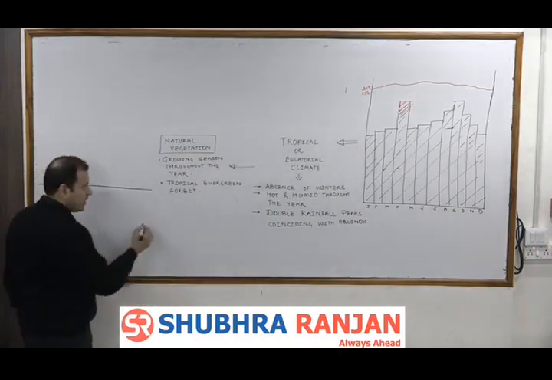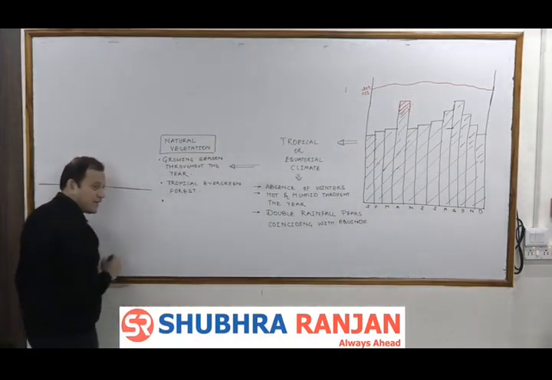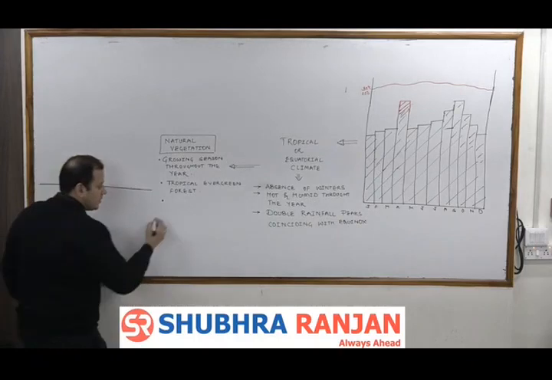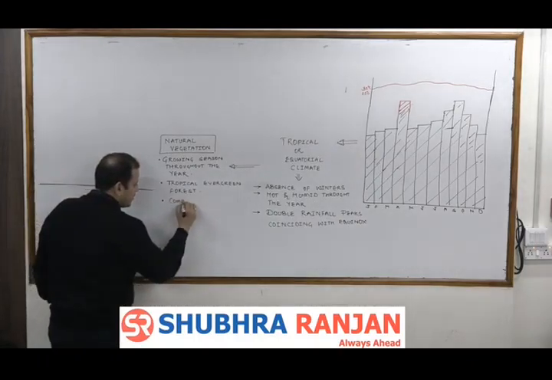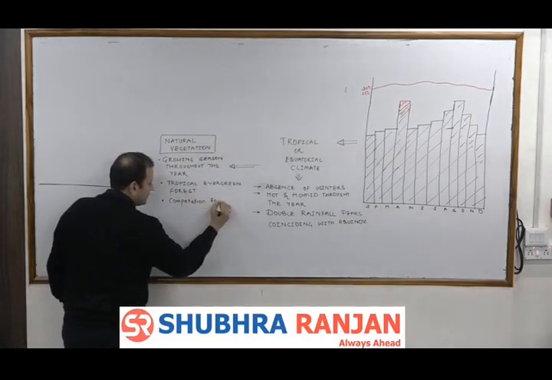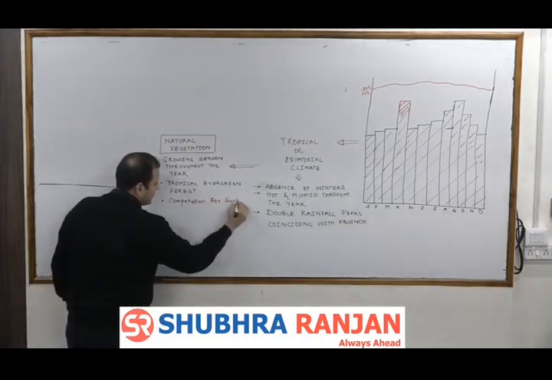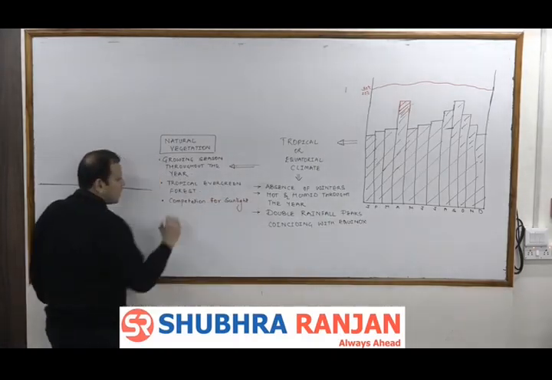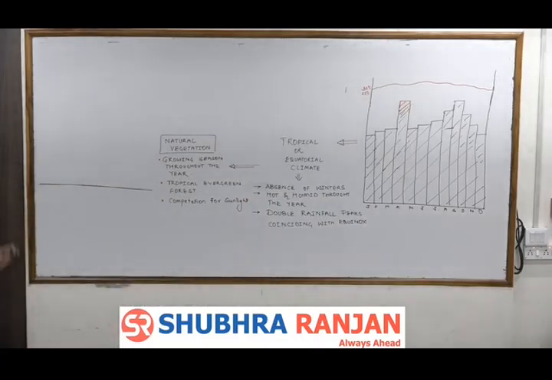So because the trees are growing throughout the year, what is the chief characteristics of trees? खाना बनाना है सबको, so there is a competition for sunlight. And because there is a competition for sunlight, understand what is happening.